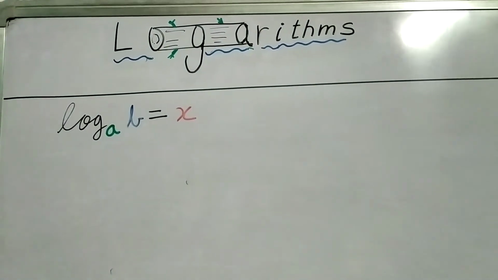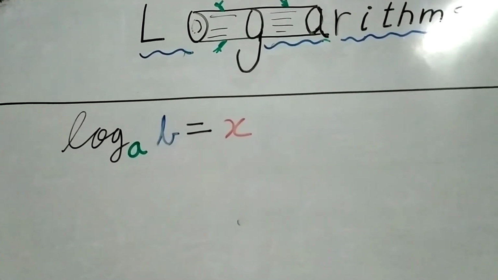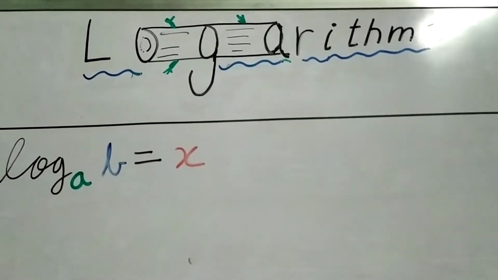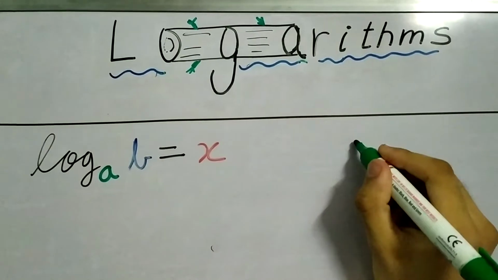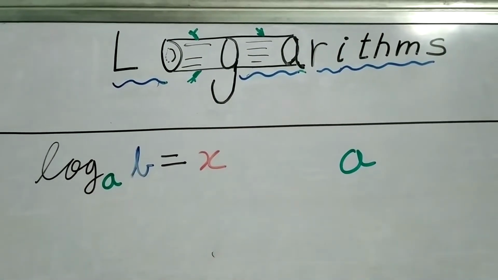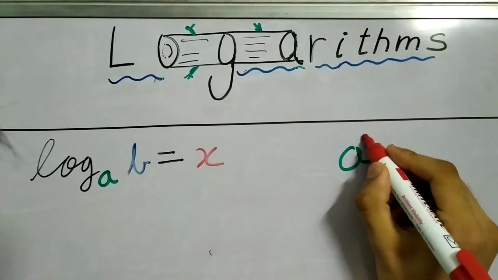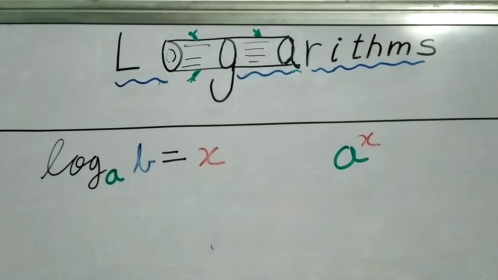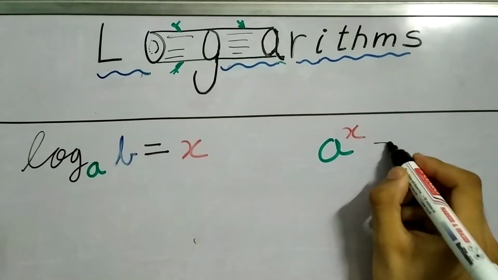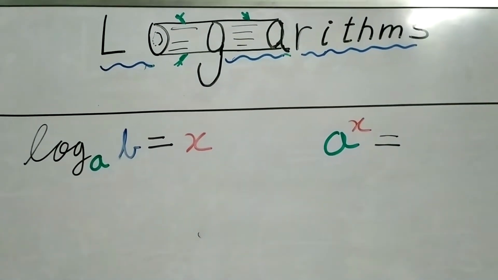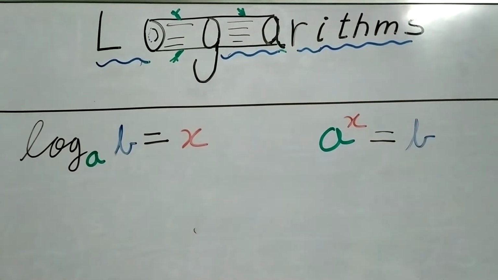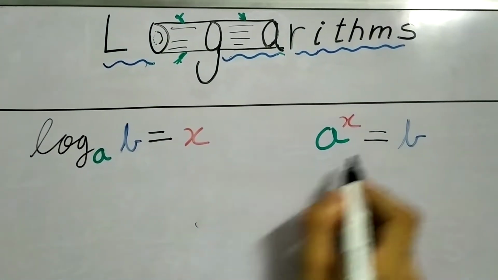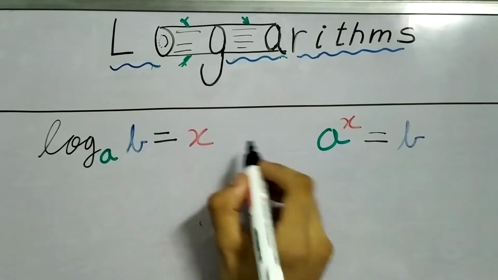Again, you know the standard definition, this means a raised to the power x will give you b. They both imply each other. So if you have this, you know this, and if you have this, you know this.